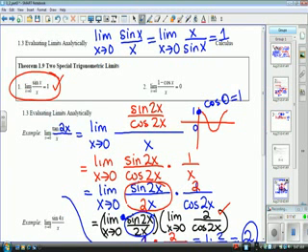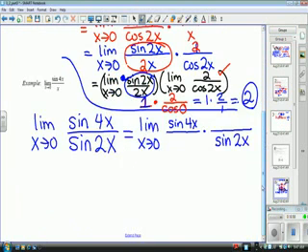So the fact that that's upside down on our problem is not going to really matter. If you think about it, it makes sense because it's just 1 over that. So 1 over 1 is 1. Not that big of a deal.